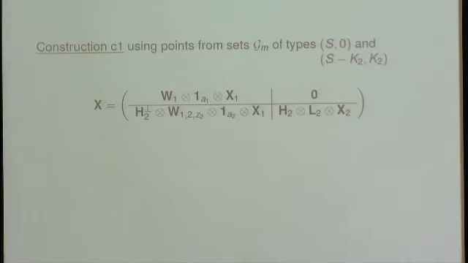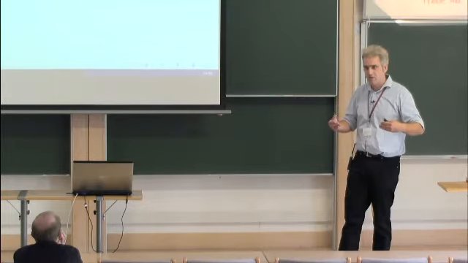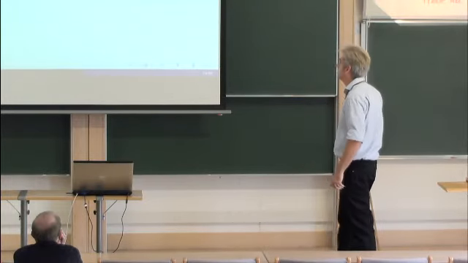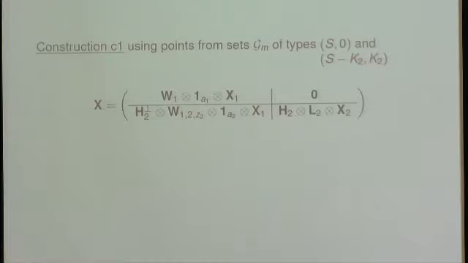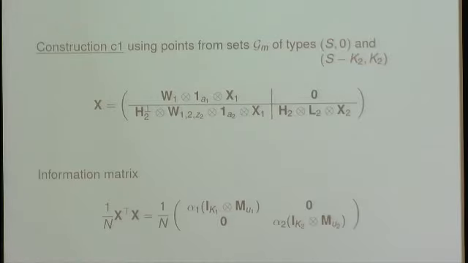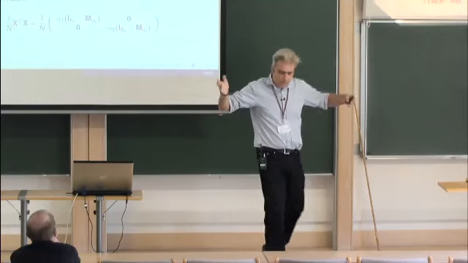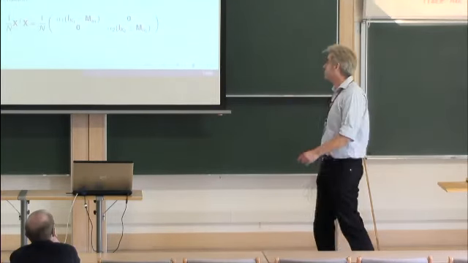Now, if you choose all the bits in here in the correct way, having appropriate dimensions and checking the existence, then what you can show is that if you look at the X transpose X matrix of that, it has the same block diagonal structure as my optimal approximate design, and the alphas here depend on the weight of the weighing matrices, the dimensions, and so forth.